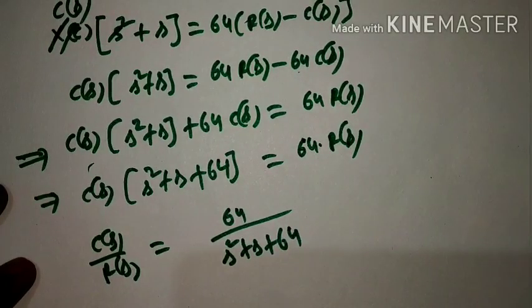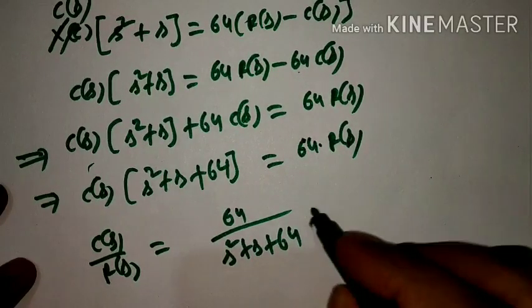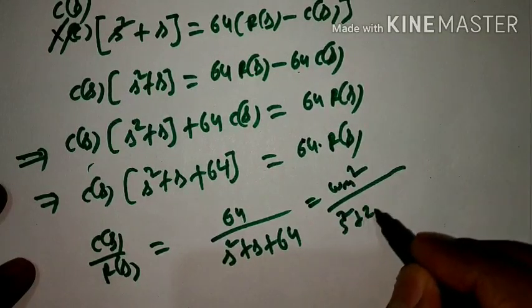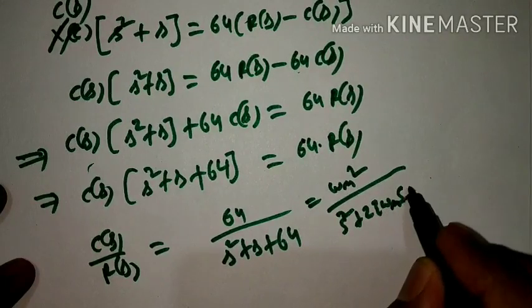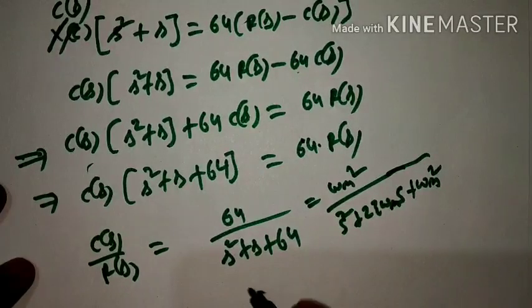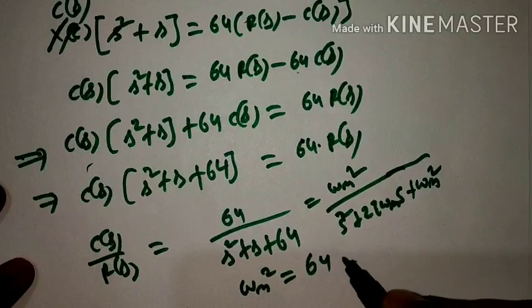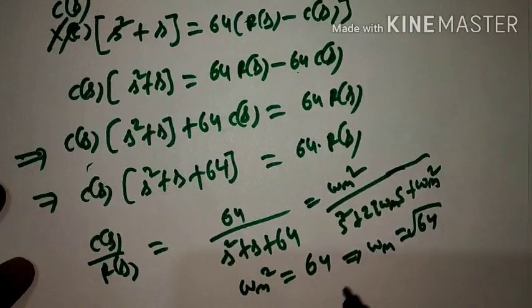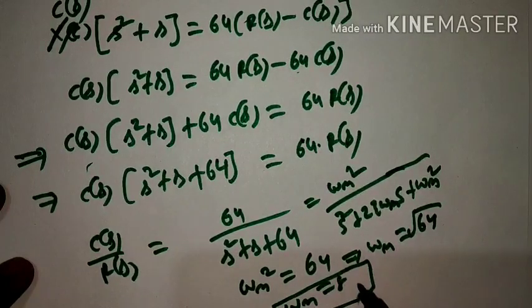You compare this equation with the standard equation, omega n square by s square plus 2 zeta omega n s plus omega n square. Here omega n square is equal to 64, so omega n is equal to root 64, which is 8 radians per second.